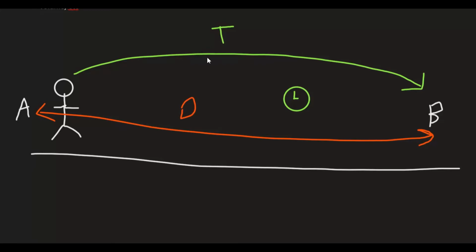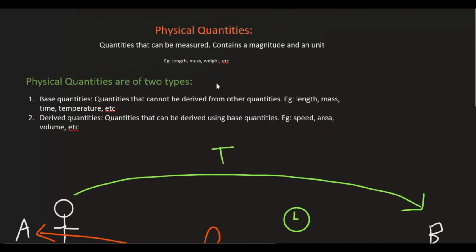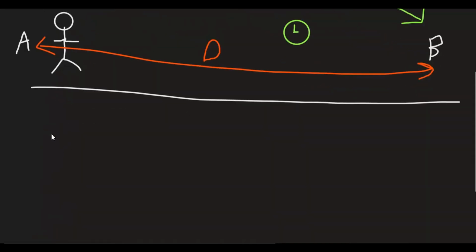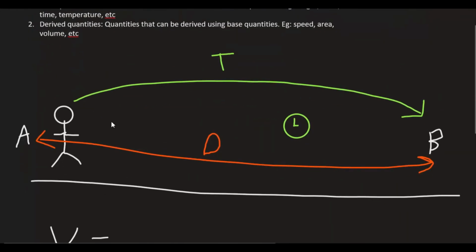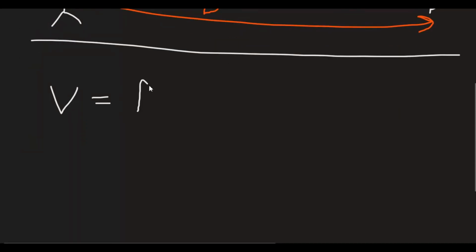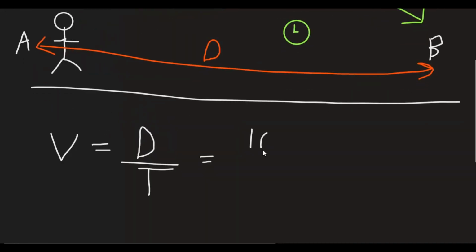So these values, for example the time or the distance, can be measured, and these are exactly physical quantities. Another example of physical quantities can be speed. For example, to find the average speed of my friend from point A to B, I need the distance and the time. So I can write distance by time, and suppose that the distance is 10 and the time is 2.